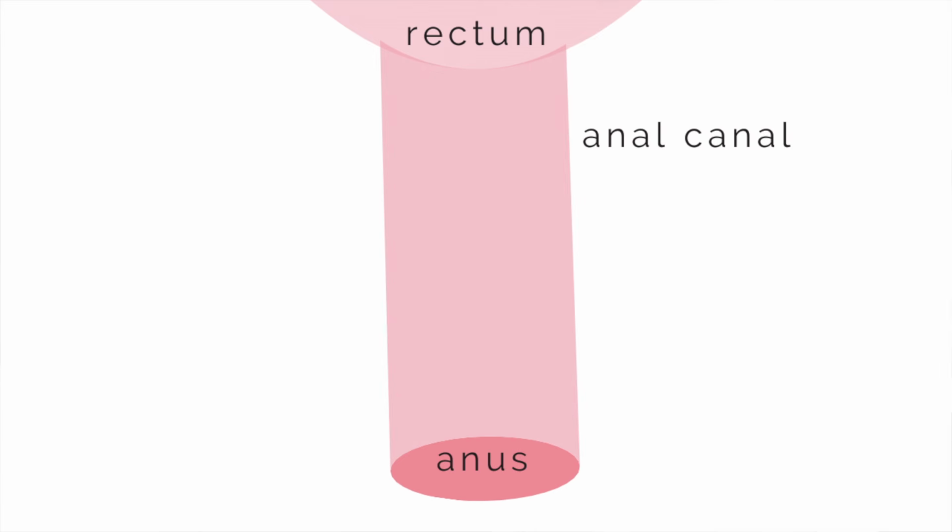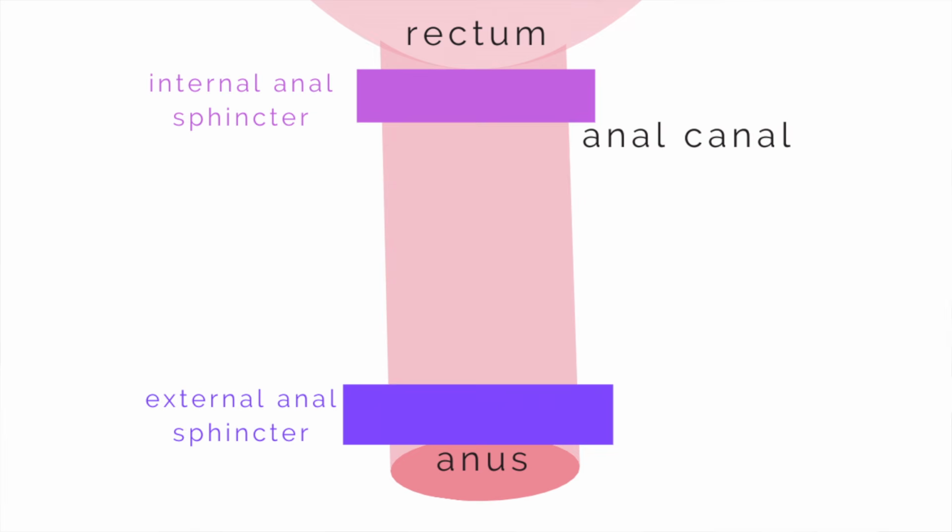However, before we clearly define anal fissures, there are two more aspects of anorectal anatomy and function that you should understand. And those are two muscles, the internal anal sphincter and the external anal sphincter. I think it's easier to imagine these sphincters as two separate entities, where the internal anal sphincter lives at the top of the anal canal, right at the base of the rectum, or at the base of our wine glass, and the external anal sphincter lives at the bottom of the anal canal, just above the anus, or right where our wine stem would end.